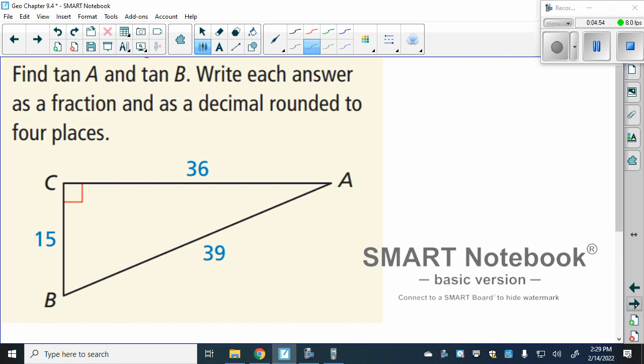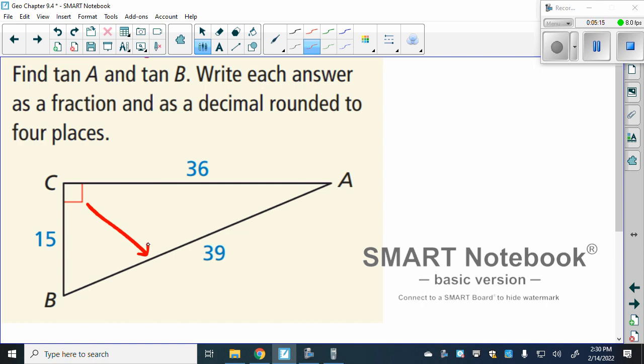The hypotenuse will never be adjacent or opposite, because the hypotenuse will always be the hypotenuse. The opposite and adjacent sides are always the ones that aren't the hypotenuse.